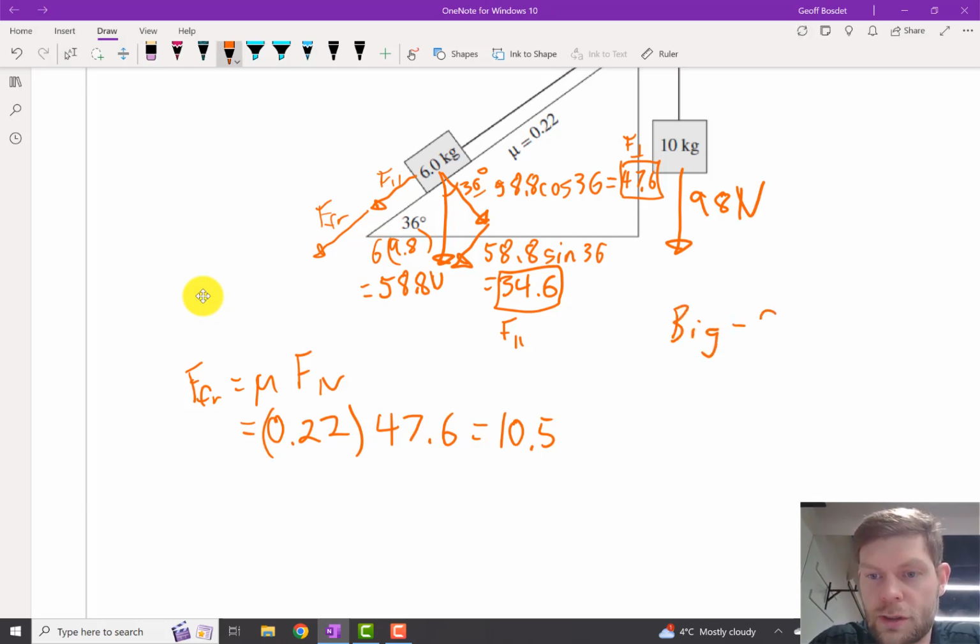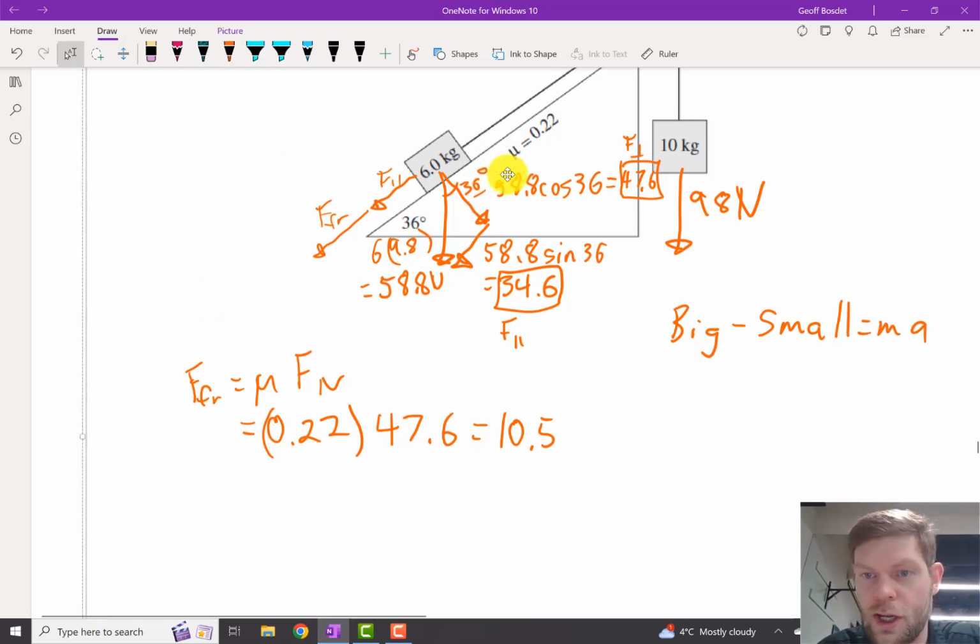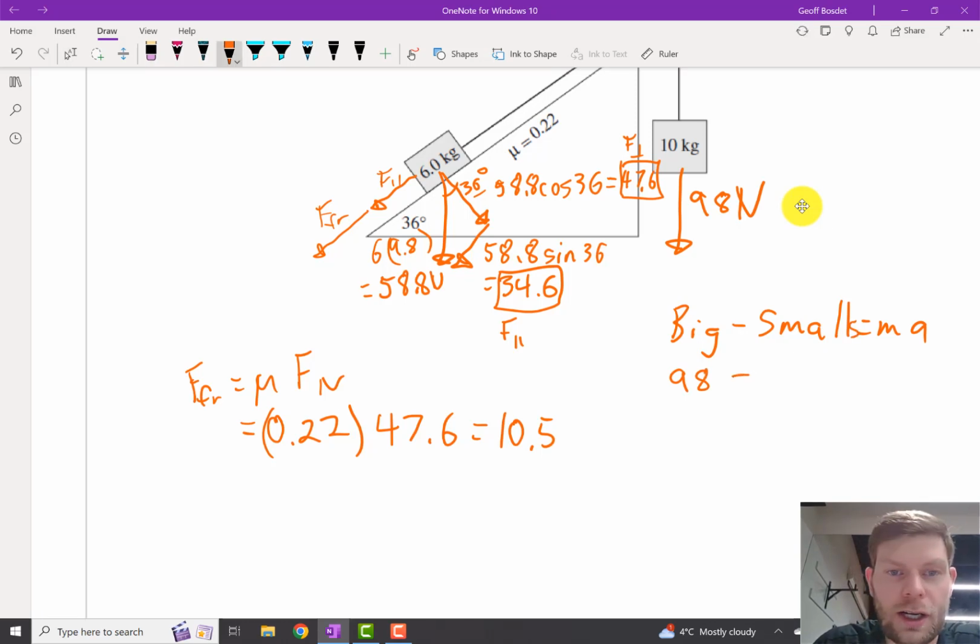which we'll do here. Big being this guy right here, our 98 newtons. The 10 kilogram is pulling it all in that direction. So we got 98 newtons. Our small, we actually have smalls. We've got F parallel. Maybe I'll do this right here.